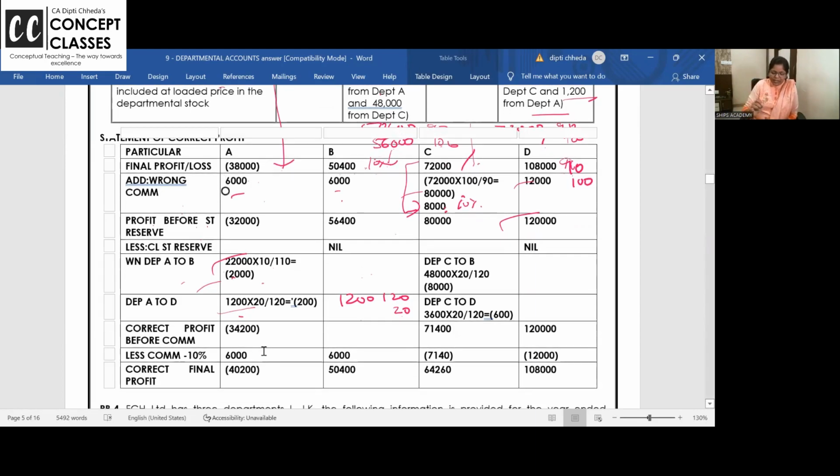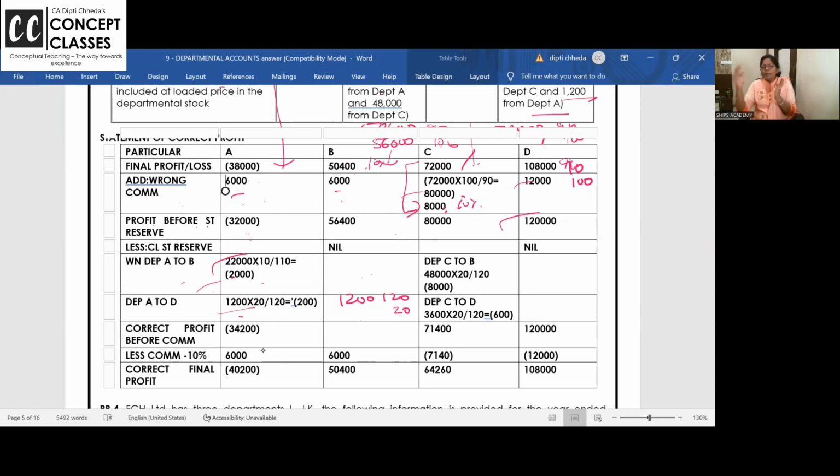Now I'm doing it vertically. A was having a loss, wrong commission, तो मैंने उसको फिर भी प्लस किया, तो प्लस माइनस तो वो माइनस ये, तो 32,000 is the loss before commission. अगर आप फिर भी कमीशन दोगे तो लॉस तो बढ़ जाएगा ना 32 से 38. Now, in 32, reverse the loadings.